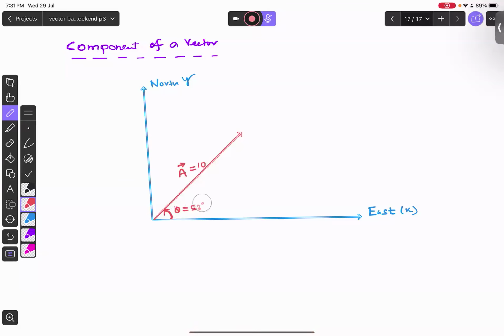Suppose I want to find how much we have traveled along x or the eastward direction. So what does the component of a vector along a direction really mean?